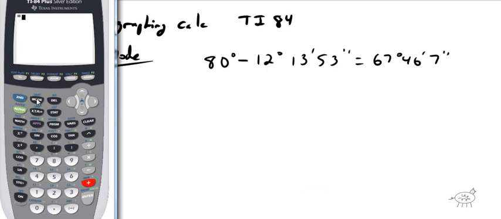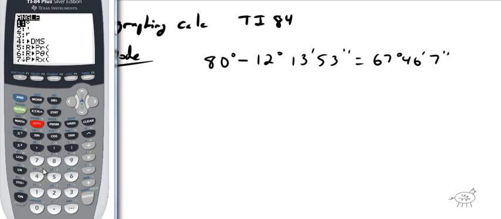Very exciting. Let's clear this out. Okay, 80, second, degrees. Technically, if you don't have any minutes and seconds, you don't need to put the degree symbol in, but I'm just going to put it in. Minus 12 degrees, 13 minutes.